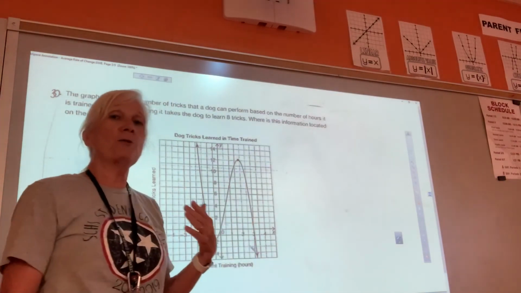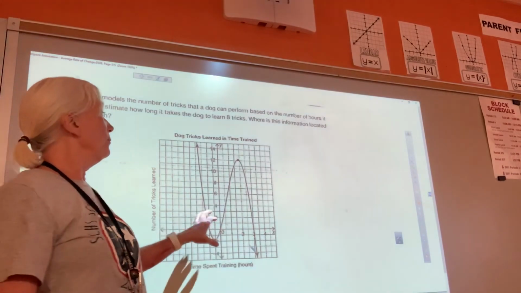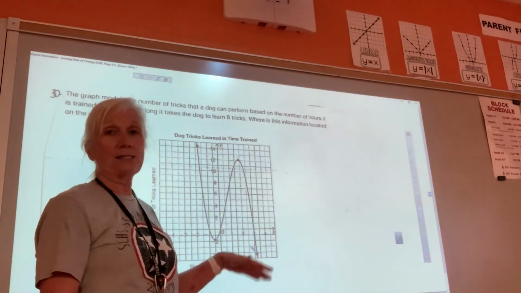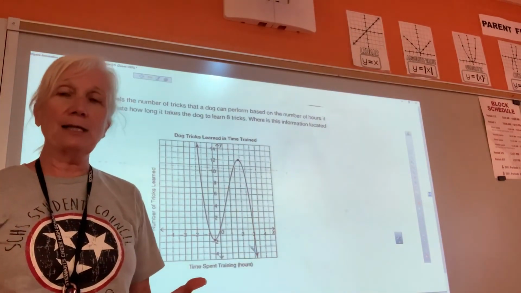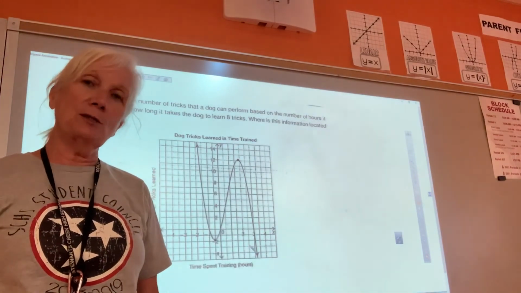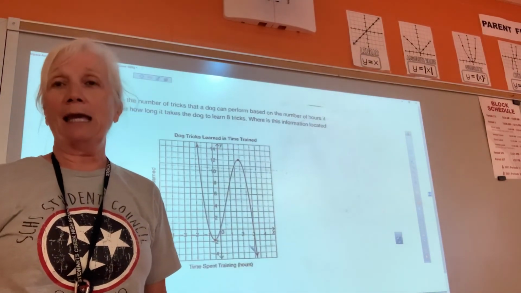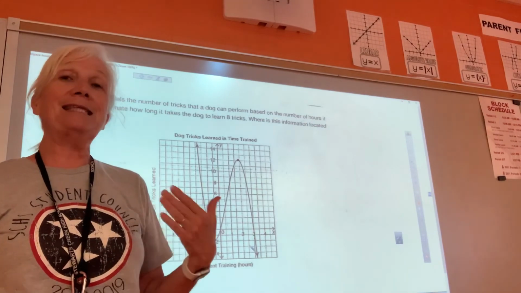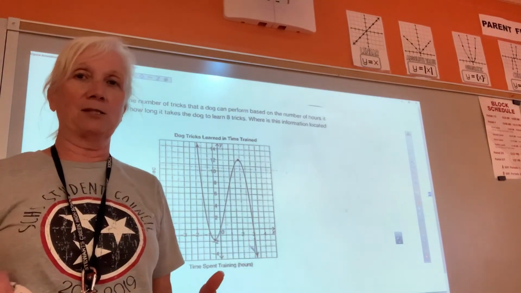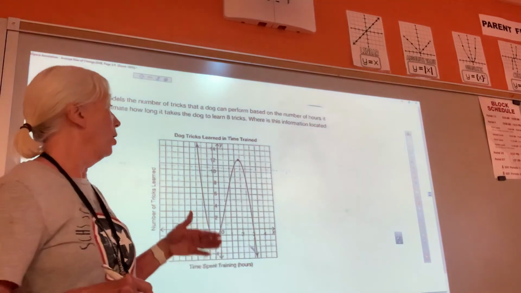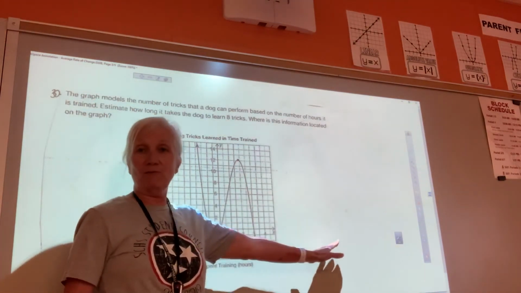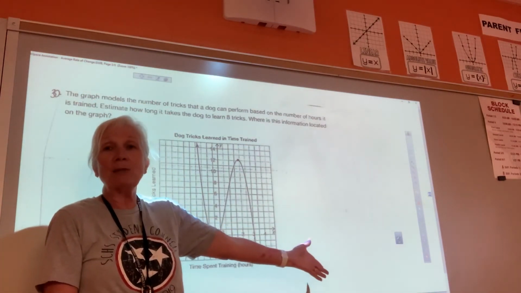But you are going to actually experiment, come up with data points that you would put into your calculator, and then it would spit out an equation for you, because then it's going to model things. We might not know what happens at 550 hours because we didn't spend that much time on it.